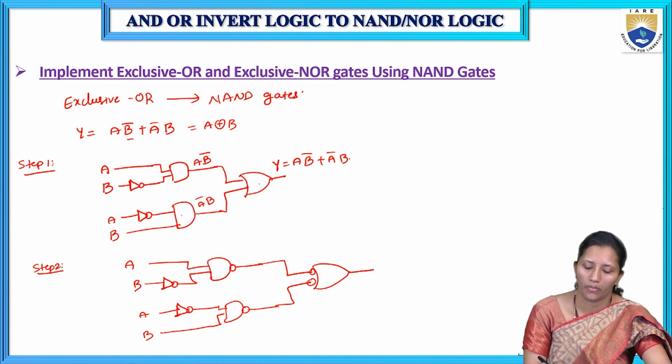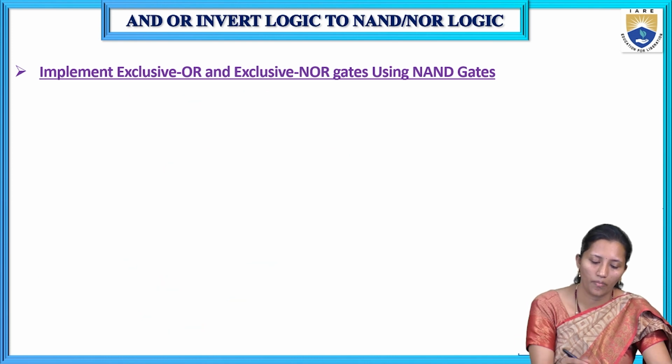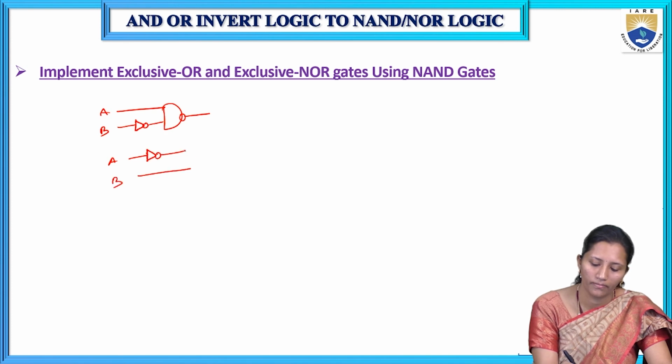Okay, in step 2. So in step 3, what we have to do? In step 2, what we have? We are adding bubbles at the AND gate at the output side, and bubbles at the input of the OR gate.